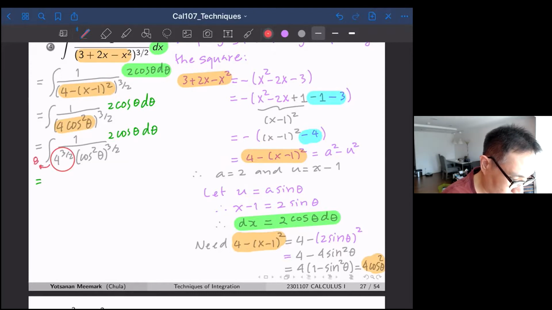And this term equal to cos to the third theta. And you have cos to the third cancel with cos, so you get cos square.